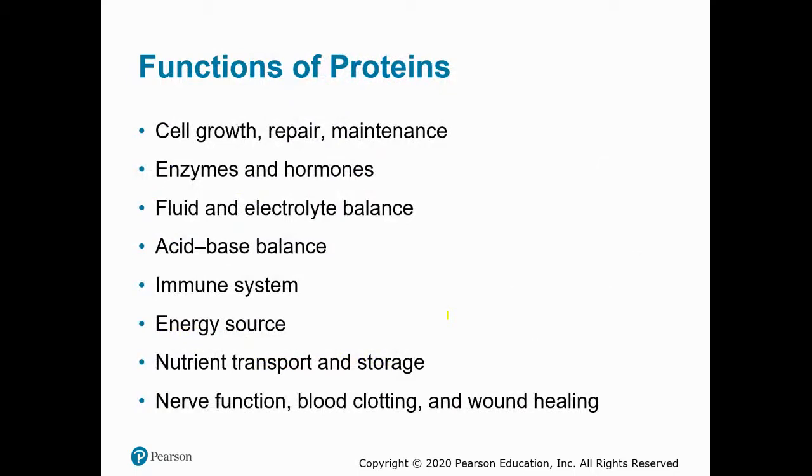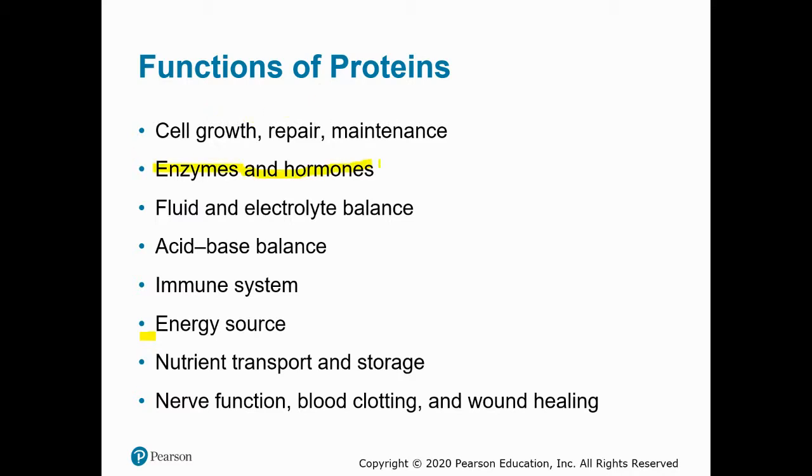Okay, so I've said now probably a bunch of times in different lectures that proteins are structural and functional to the human body. So really this idea that they are a source of energy, it's like last resort, right? That's the last thing we want to do with proteins. So here is a short list of various structural and functional purposes of protein in the body.